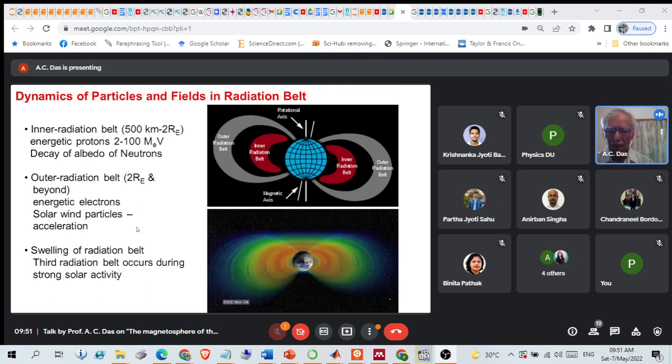Then the acceleration of the particles, loss of the particles, precipitation of the particles from the magnetosphere, outer region, then sources of observed particles, effective trapping time, and diffusion of particles, acceleration of particles.